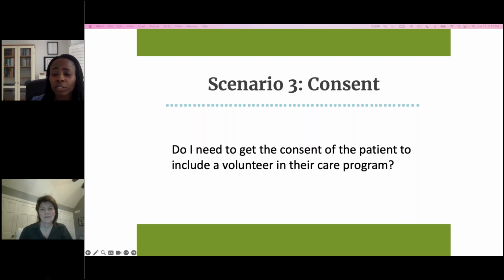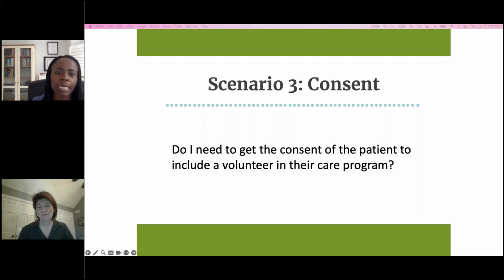A patient has the right to agree or not agree who can be involved in their care. Now, the conversation about the involvement usually should occur during that physiotherapy assessment. Obviously, that may differ as to when you want to bring someone else into the treatment plan, but the patient must agree to the volunteer's involvement, and the PT should indicate this in the patient's chart.